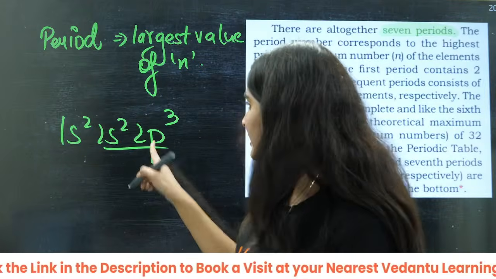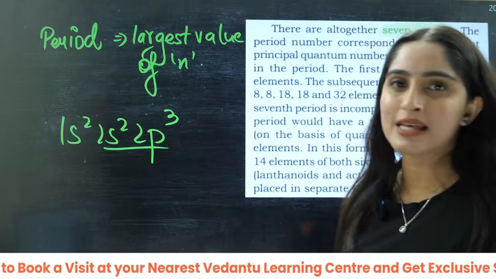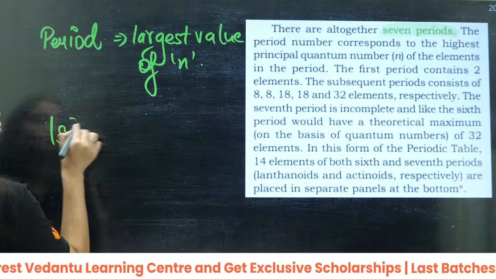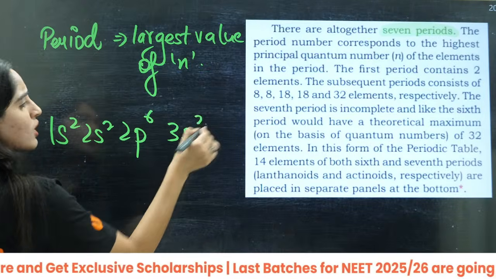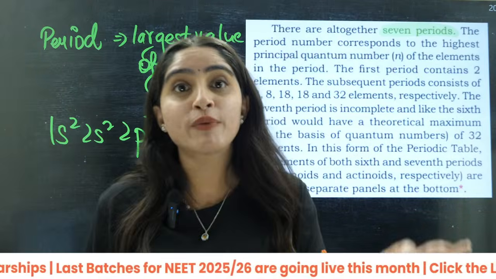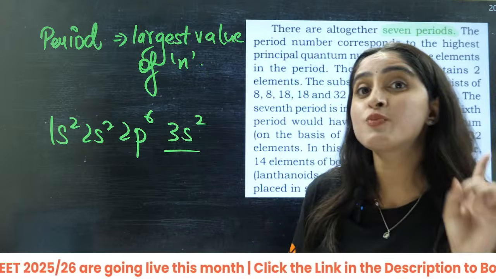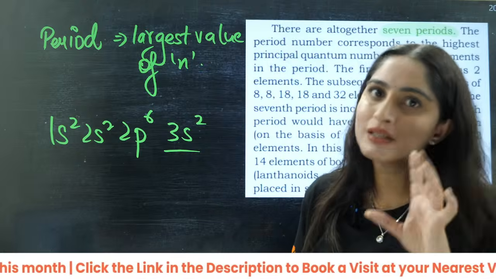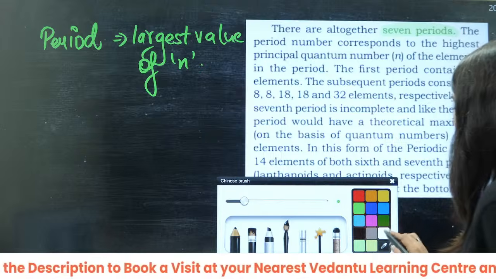That means it is going to belong to the second period. This belongs to the second period. If you have a configuration like 1s2, 2s2, 2p6, 3s2, the largest value of the principal quantum number is 3. So it belongs to the third period, right? It belongs to the third period. Now this is what they are saying in this line, okay?